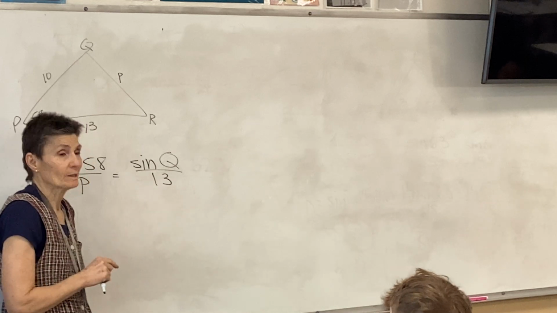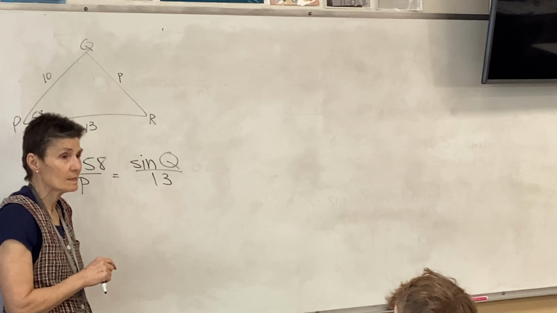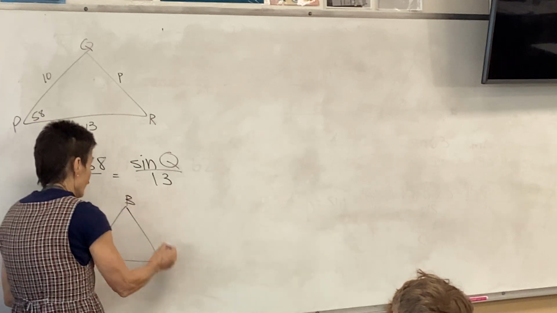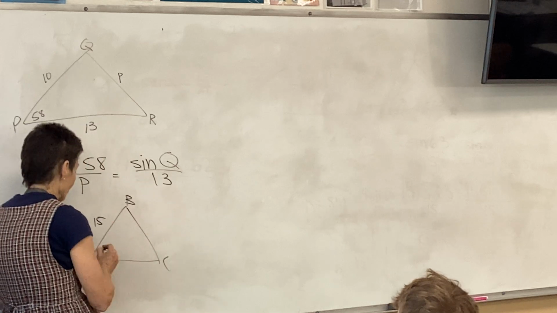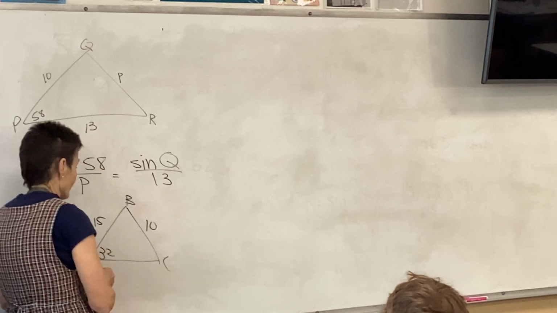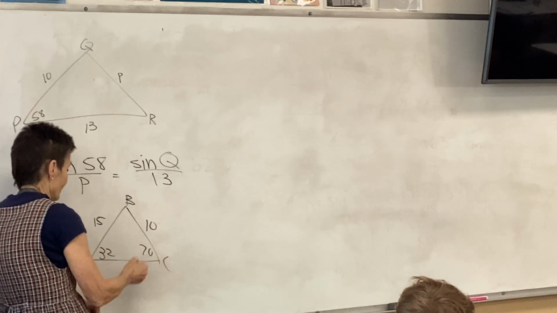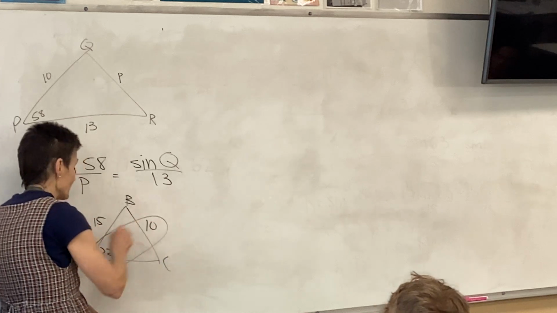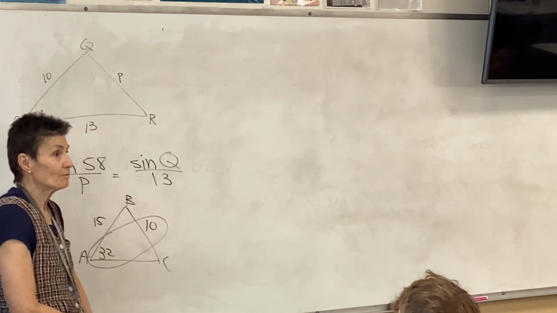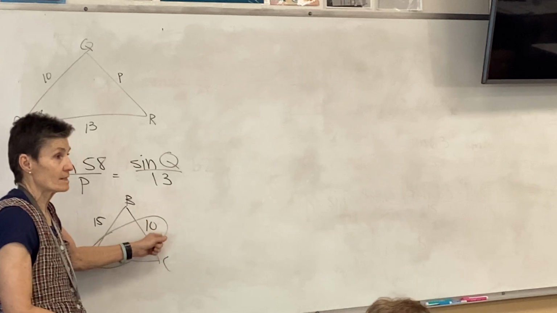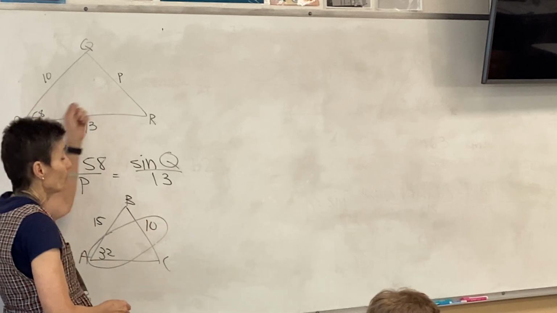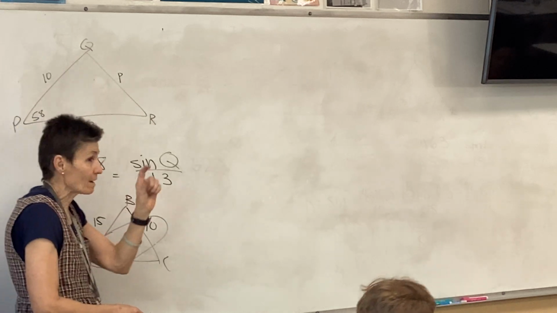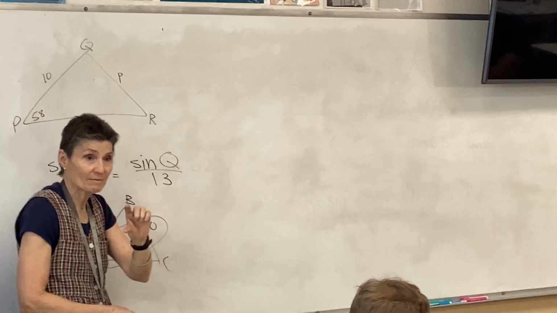I don't know if you were listening or not when I told you that the key to the law of sines is when you have your given information. You have to have angle A and side A. You have to have angle P and side P, angle R, side R, angle Q, side Q. Doesn't matter which set you have, but you have to have a set.